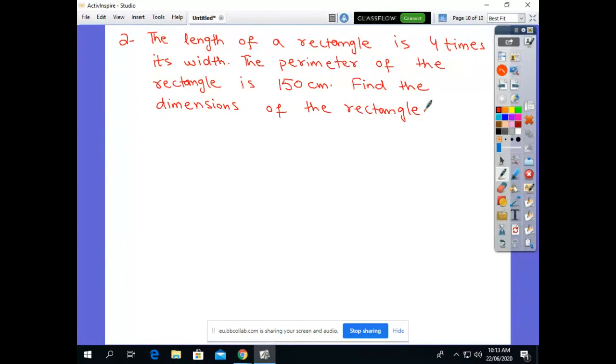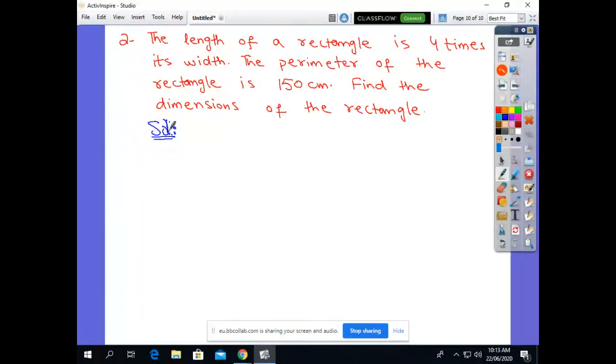It's a daily life problem. It's called a word problem. First of all, we convert this word problem into a mathematical form and then we solve it. Here we see that the question is about the length of a rectangle.